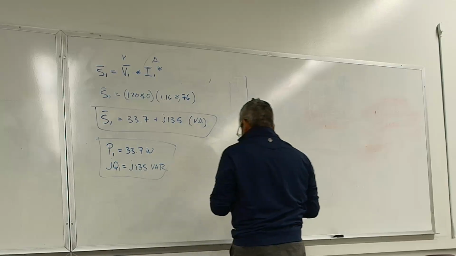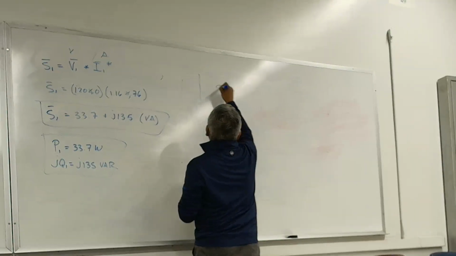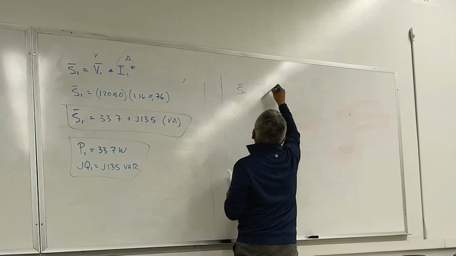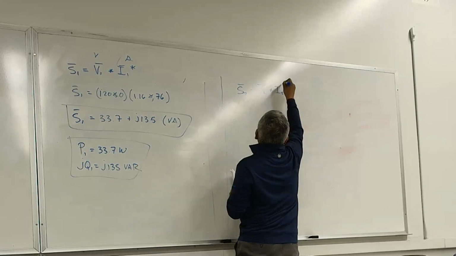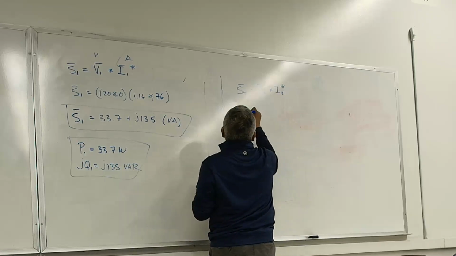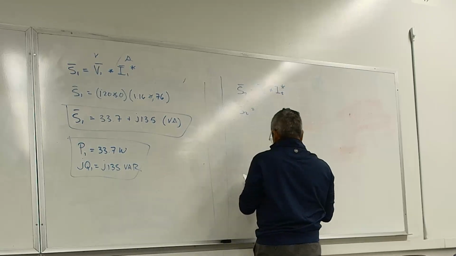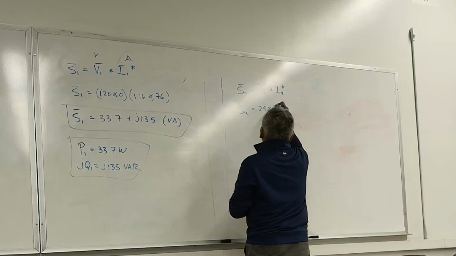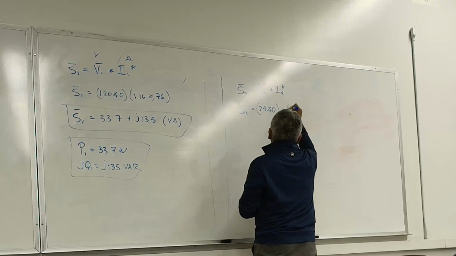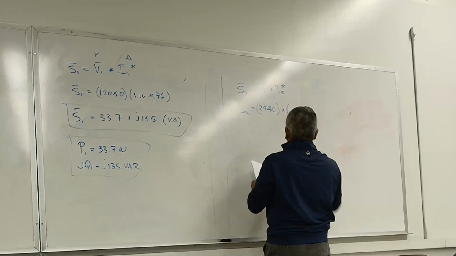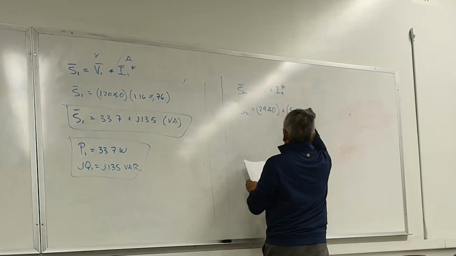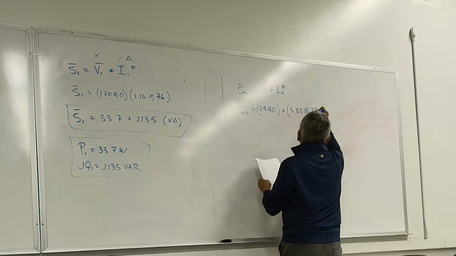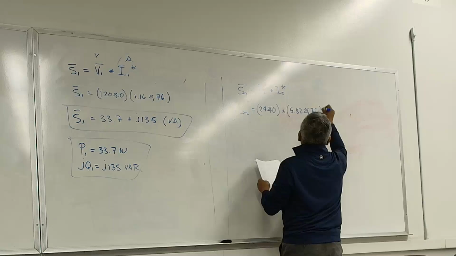From the secondary side, I can say S2 is equal to V2 times I2 conjugate. So S2 is equal to 24 angle 0 degrees, that's the voltage, times the current. I think I have 5.82 angle of 75 degrees, let's say.